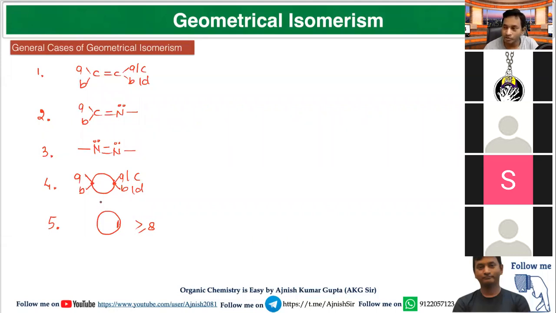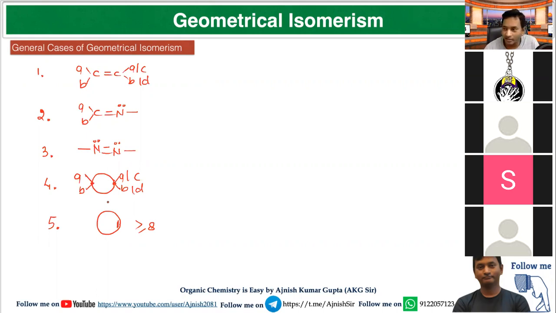In questions asked in competitive examinations, IIT or medical both, you will only see along carbon double bond carbon, maybe of open chain, maybe of ring. But to get better understanding, you must know all the 5 parts: along carbon double bond carbon, carbon double bond nitrogen, nitrogen double bond nitrogen, along cycloalkane, and along cycloalkenes. Is it clear?